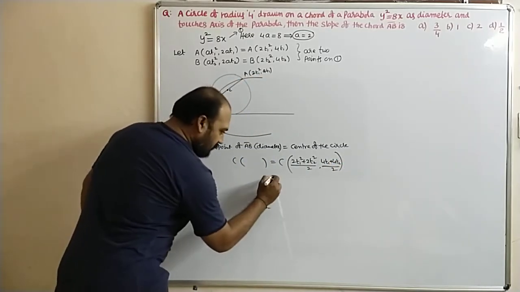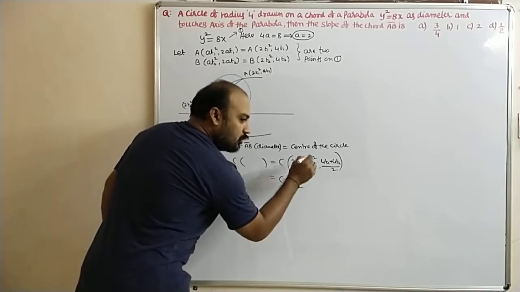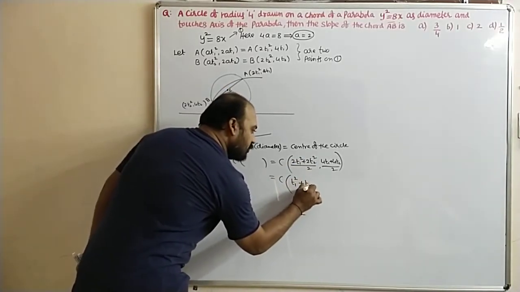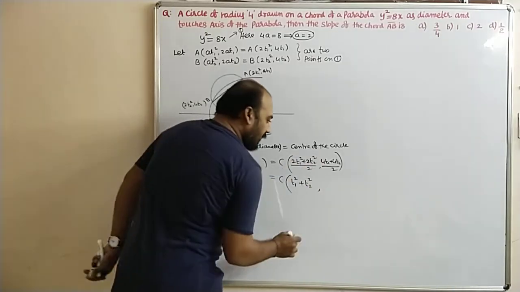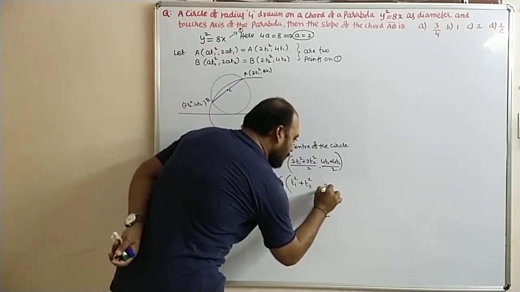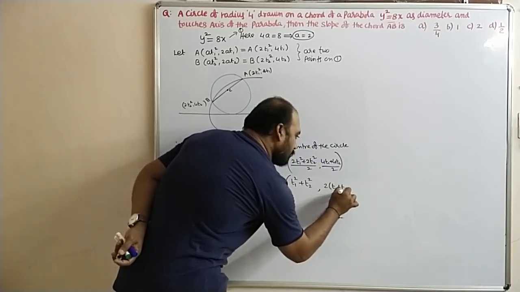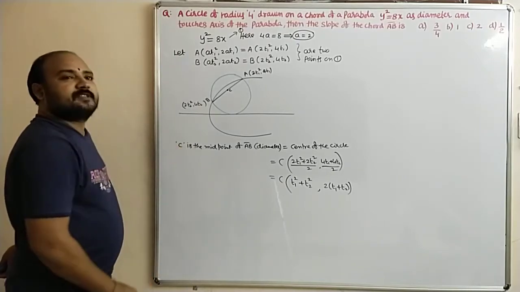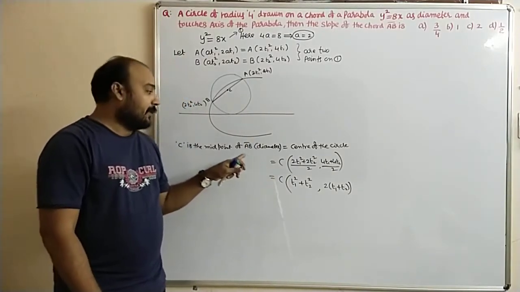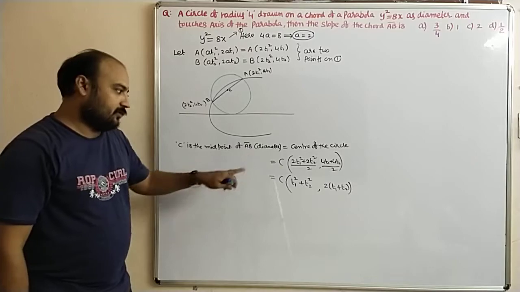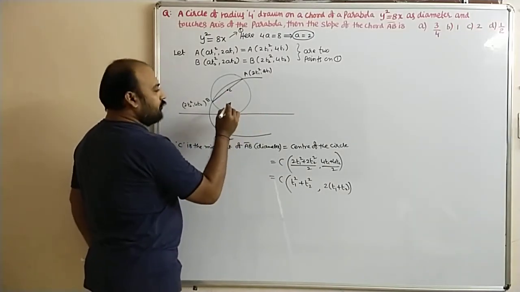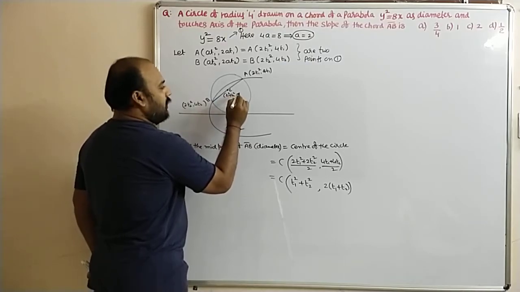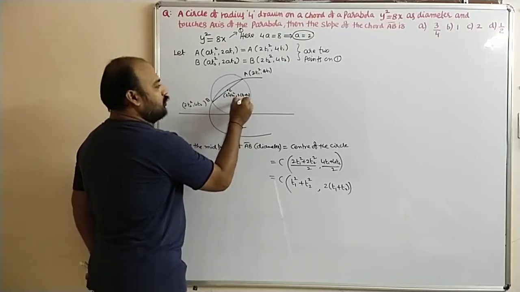After simplifying, we will get C: taking 2 common and cancelling, t1 square plus t2 square, and here taking 2 common and cancelling, 2 into t1 plus t2. These are the coordinates of the center of the circle and the midpoint of the chord AB. This is the value of C: t1 square plus t2 square, comma 2 into t1 plus t2.